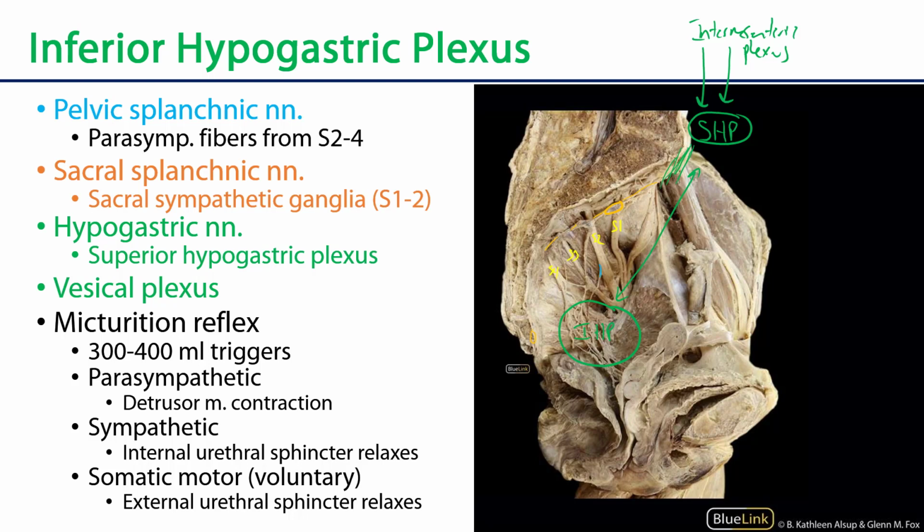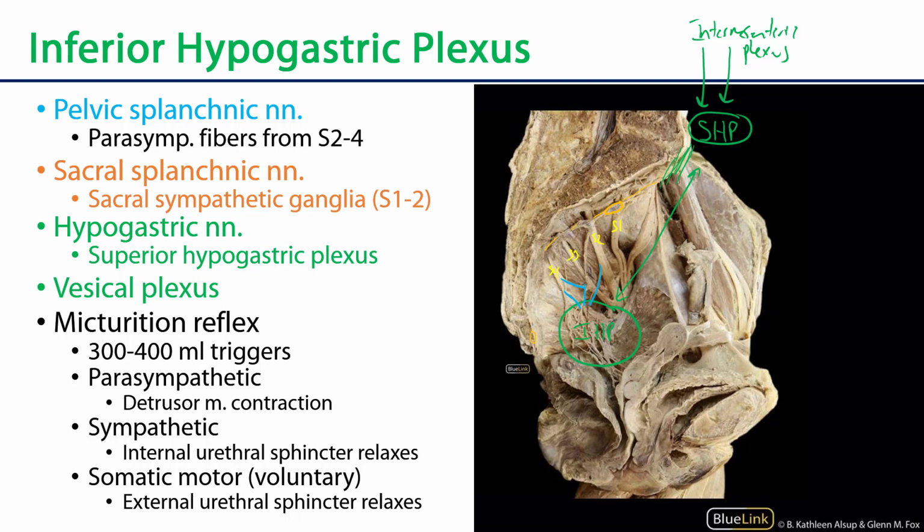There's from S2, and there is from S3, and there is from S4, and we might even be able to count that one. These are pelvic splanchnic nerves. So pelvic splanchnic nerves are parasympathetic fibers that are inputting into the inferior hypogastric plexus.